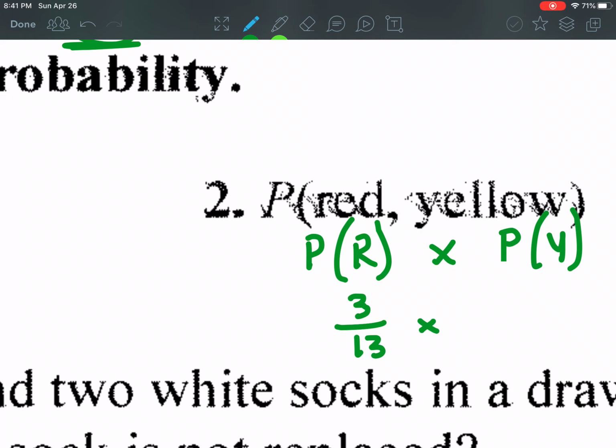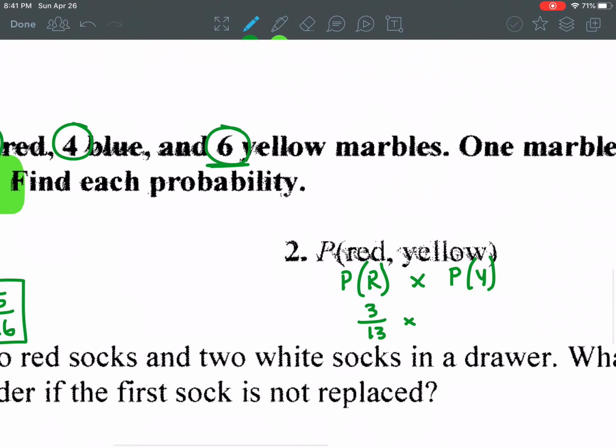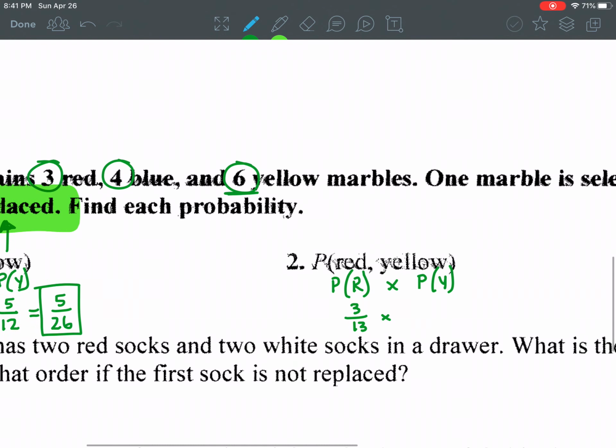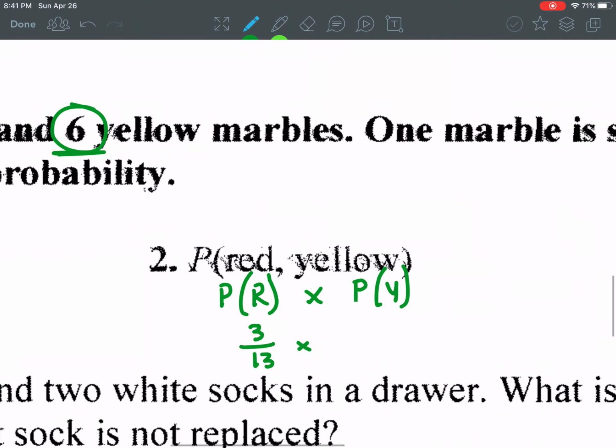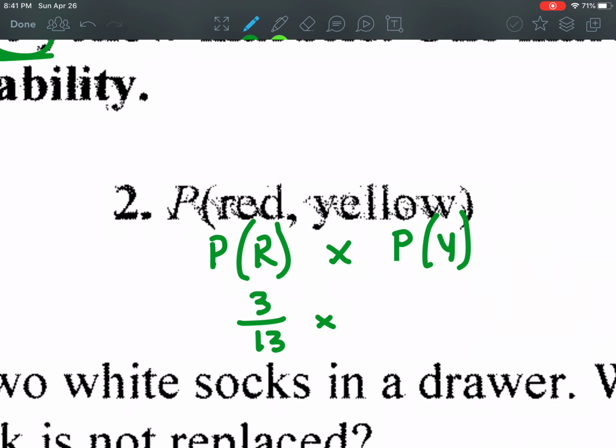Now, probability of yellow. Think about, we have a red marble in our hand. So did the yellow marbles change at all? No, we have red in our hand. So there's still 6 yellow marbles. So this one's a little different than the last 2 examples. But the bottom number, did that one change? Well, we had 13 marbles. We have a red marble in our hand. So yes, we have 12 marbles.